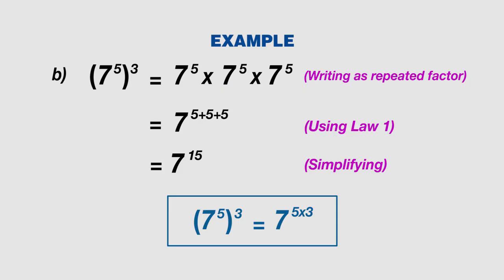So anytime you have an index number that is raised to another power, so you will find you have brackets and 2 powers. What you do is you write down the base and you multiply the powers and you get the same answer.